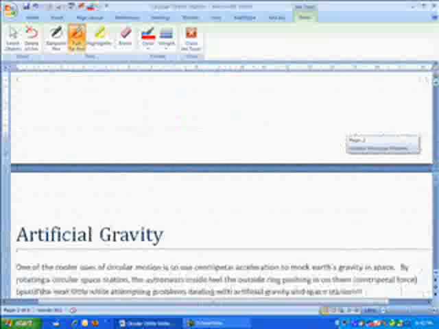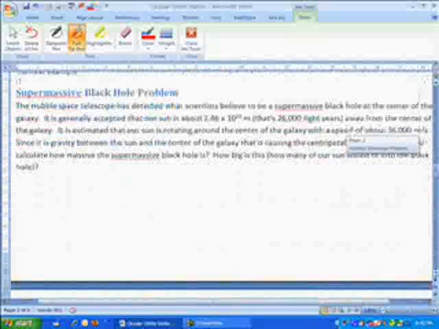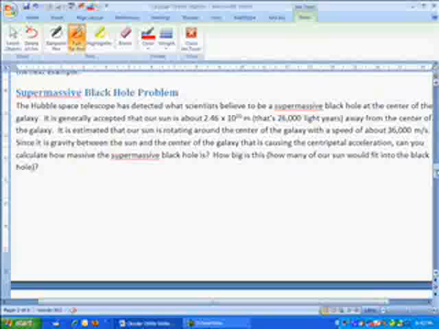Okay, we'll go on to the next one. The next one's going to be very similar. This one's looking at a supermassive black hole, but we're still going to use the same equation. It's still going to be the square root of the universal gravitational constant times the mass of the big object over r equals v. Now in this one it actually gives us the velocity to be 36,000. The mass of the thing at the center is what we're looking for, right? Because we've got the Hubble Space Telescope finding the black hole at the center of the galaxy.